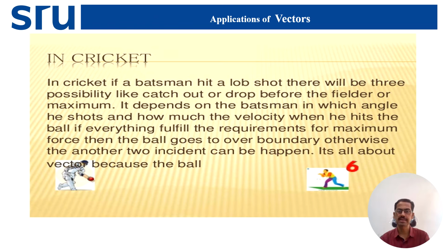It depends on the batsman, at which angle he shoots and how much velocity when he hits the ball. If everything fulfills the requirements for maximum force, then the ball goes over the boundaries. Otherwise, the other two incidents can happen. Goes to the boundary, or catch out, or stumped out. These are possibilities. It is all about the vectors because of the ball.